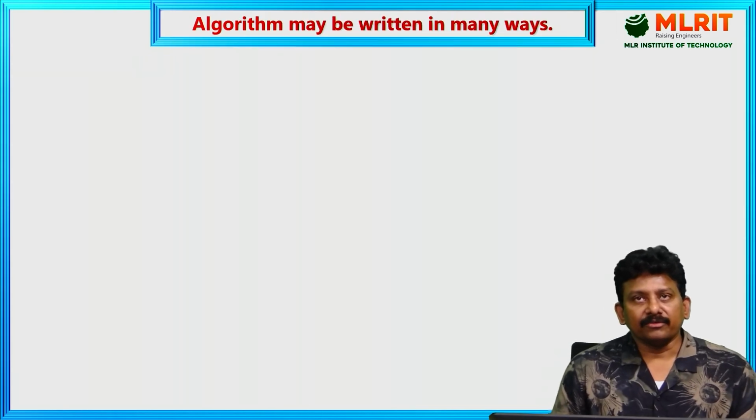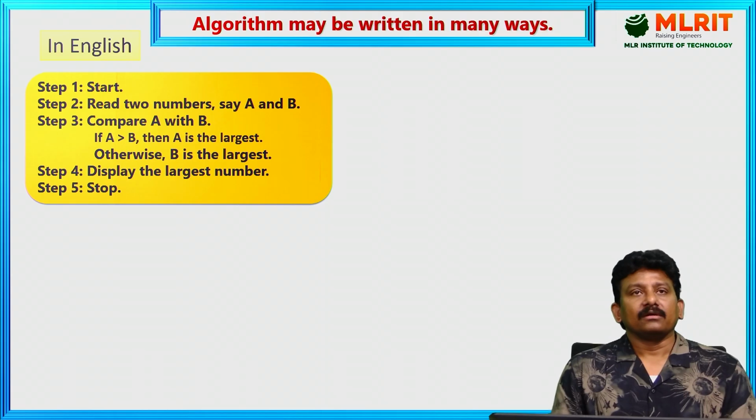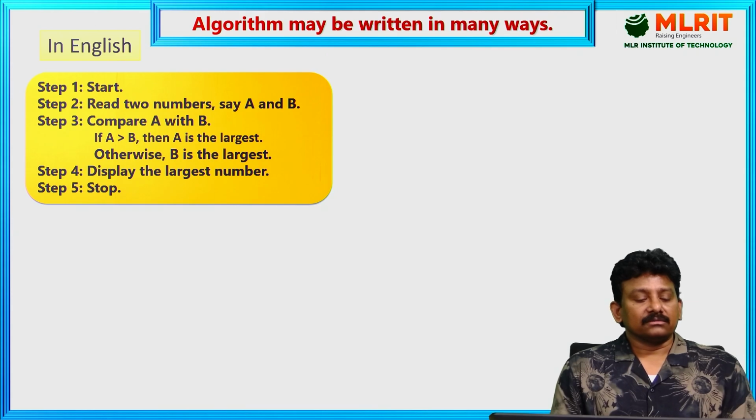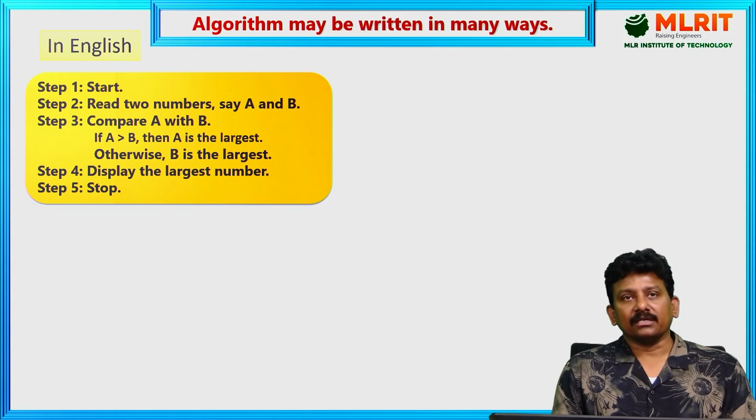Then, an algorithm may be written in many ways. In English also, we can write an algorithm in simple English language, natural language. Step 1. Here the algorithm is for finding the largest of two numbers, say A and B. Step 1 is start. Any algorithm begins and ends with start and stop. Step 2, read two numbers, say A and B. Third step, compare A with B. Here two sub steps are there.